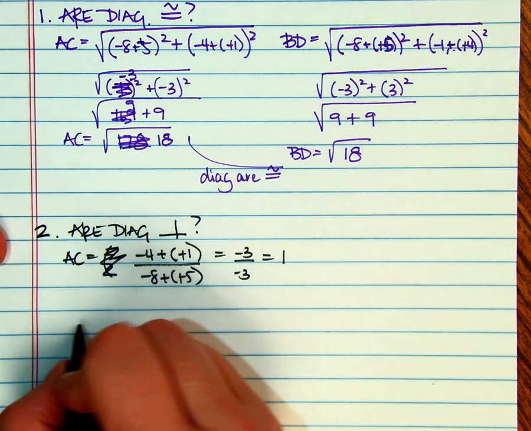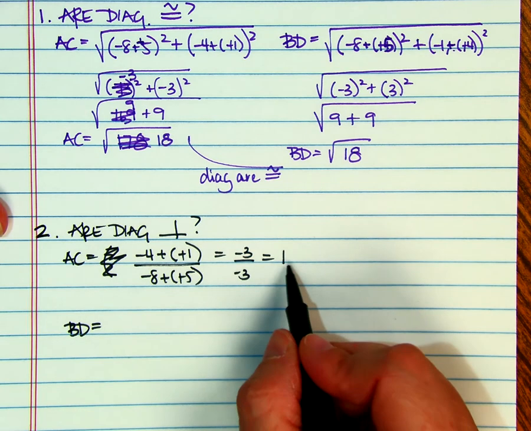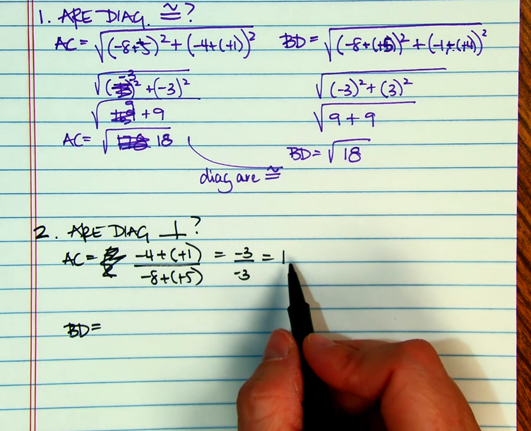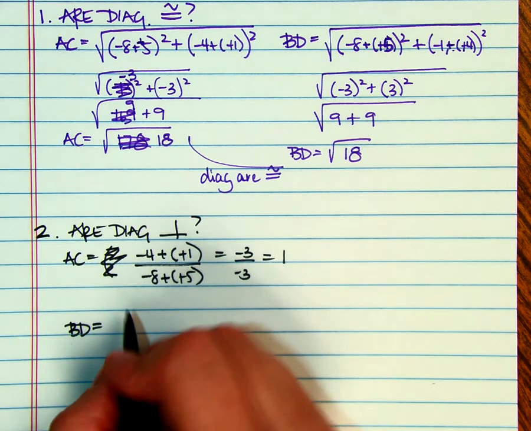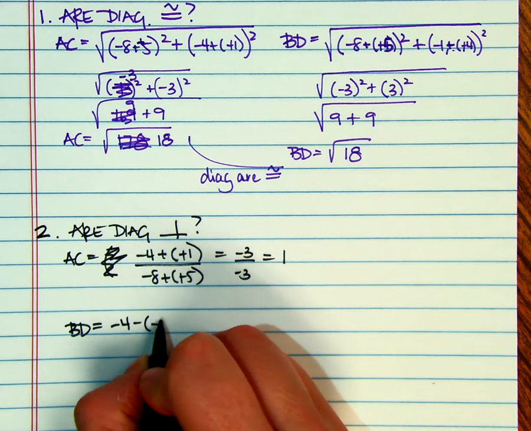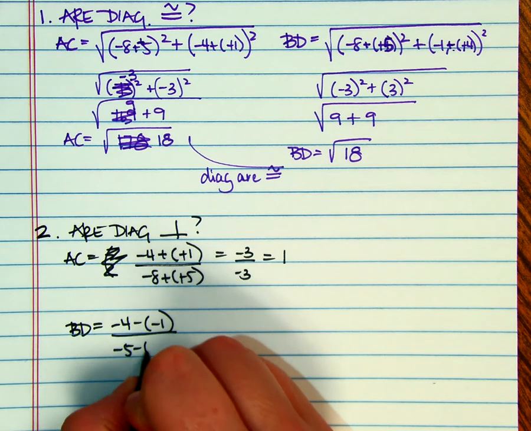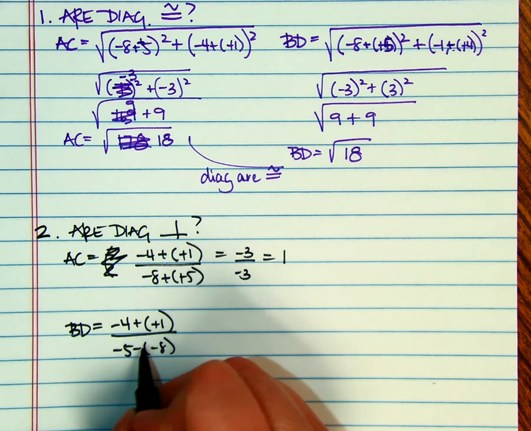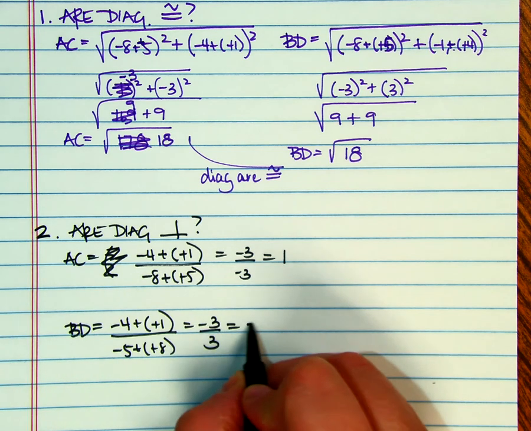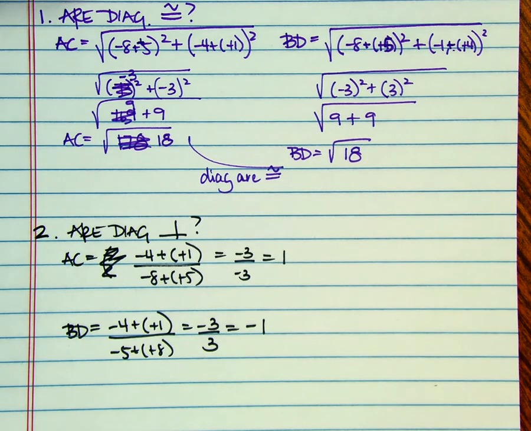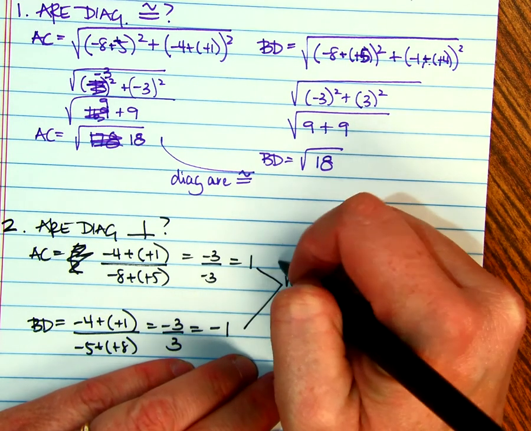So the slope of BD, I need it to be an inverse of this. So what's the inverse of 1? It's going to be a -1. So I have -4 minus a -1 over -5 minus a -8 plus a positive, -3 over 3 gives me a -1. So these are opposite reciprocals.